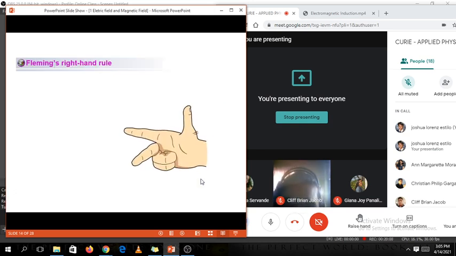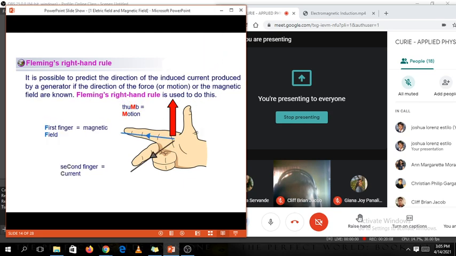So as I've said, this is Fleming's right-hand rule. There is also a left-hand rule for the electric motor. Usually the right-hand rule is for generators. Your thumb, or the direction of the force, will also determine the direction of the magnetic field and the current.